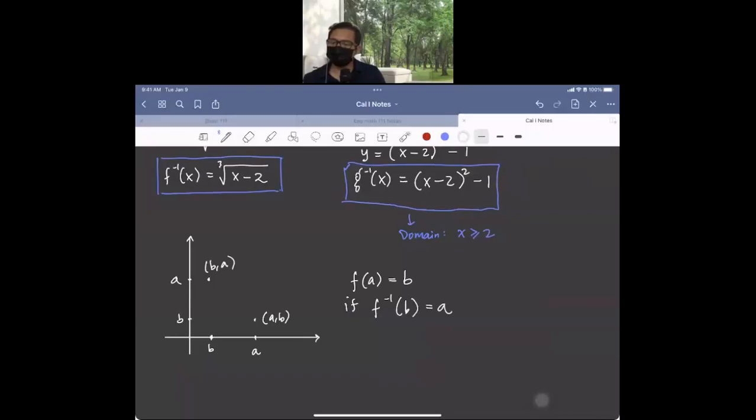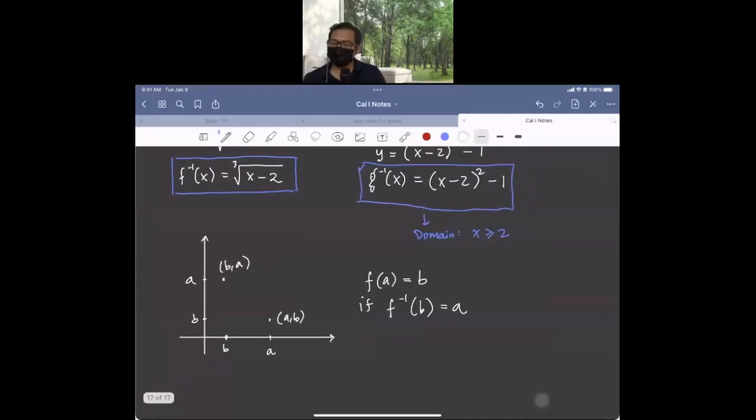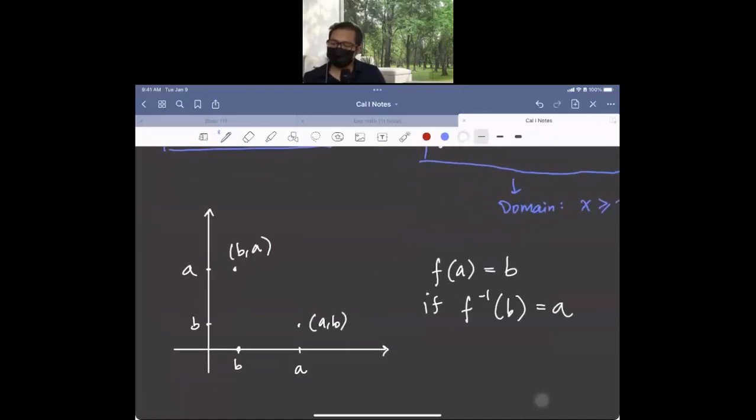So what's going on here is actually these two points.